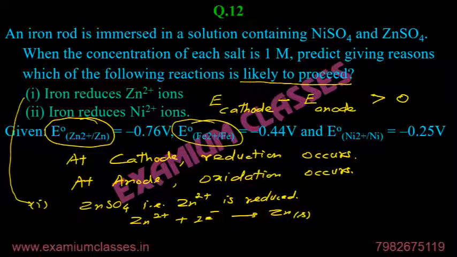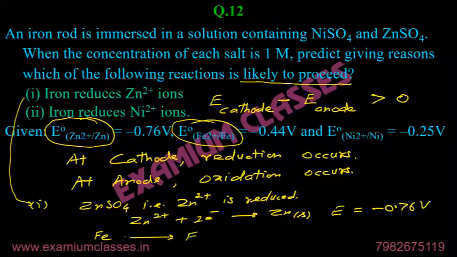This is reduction and its electrode potential is given, minus 0.76. Then iron is oxidized because iron reduces Zn2+. So it will be Fe to Fe2+. Now remember, both half reactions should have equal electrons, otherwise they will not get cancelled.